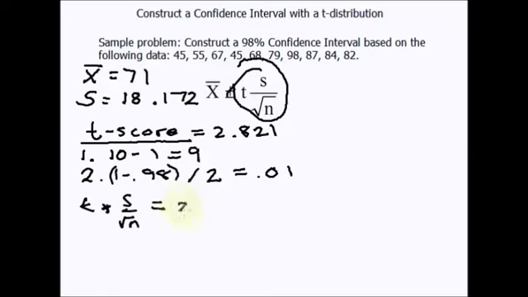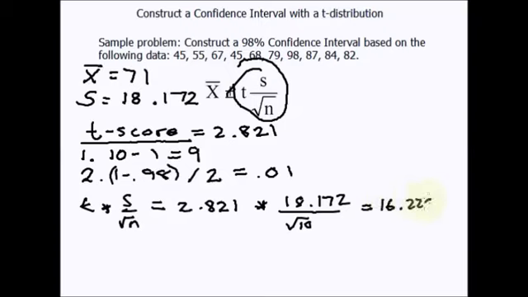That gives me 2.821, that's my t-score, multiplied by s, 18.172, divided by the square root of 10. And I'm going to figure this out on a calculator. That comes out to 16.22075.